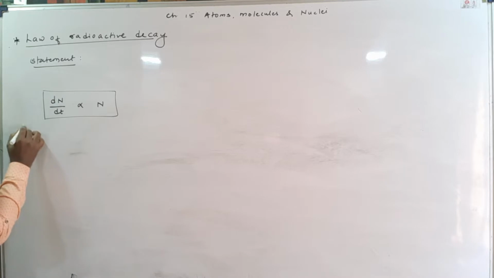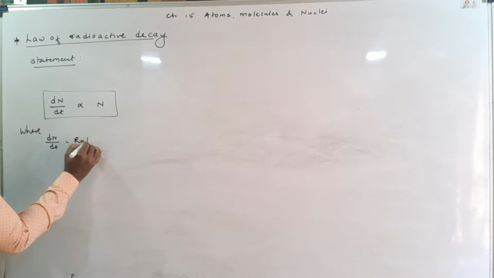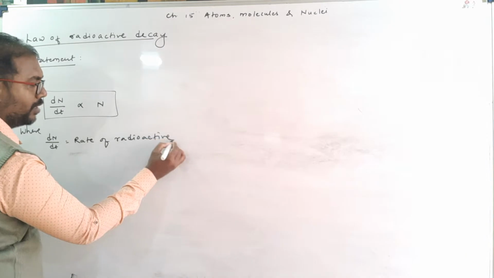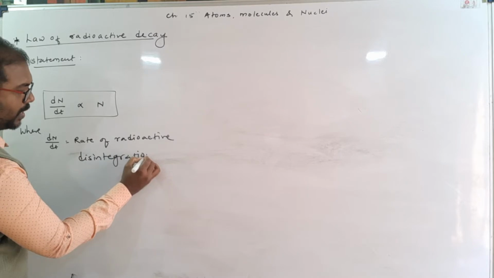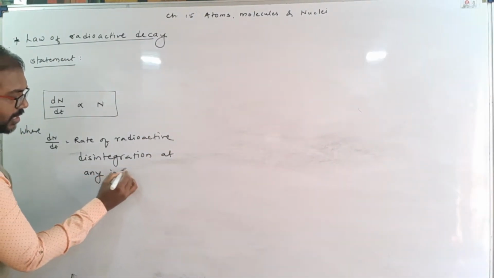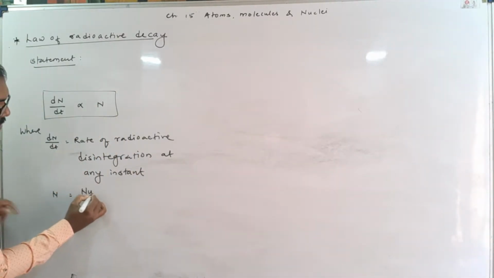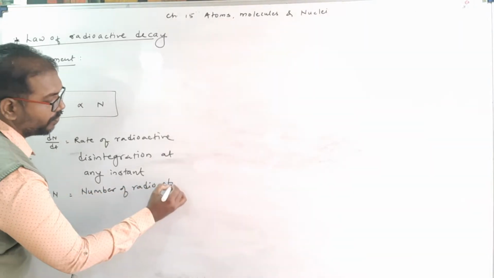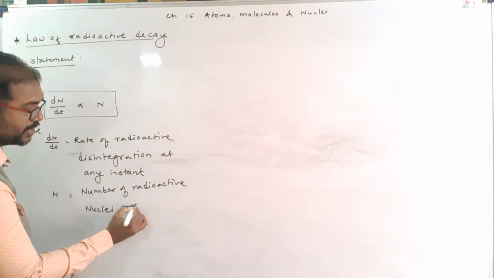Now in this formula, dN by dt is the rate of radioactive disintegration at any instant, and N is the number of radioactive nuclei present at that instant.